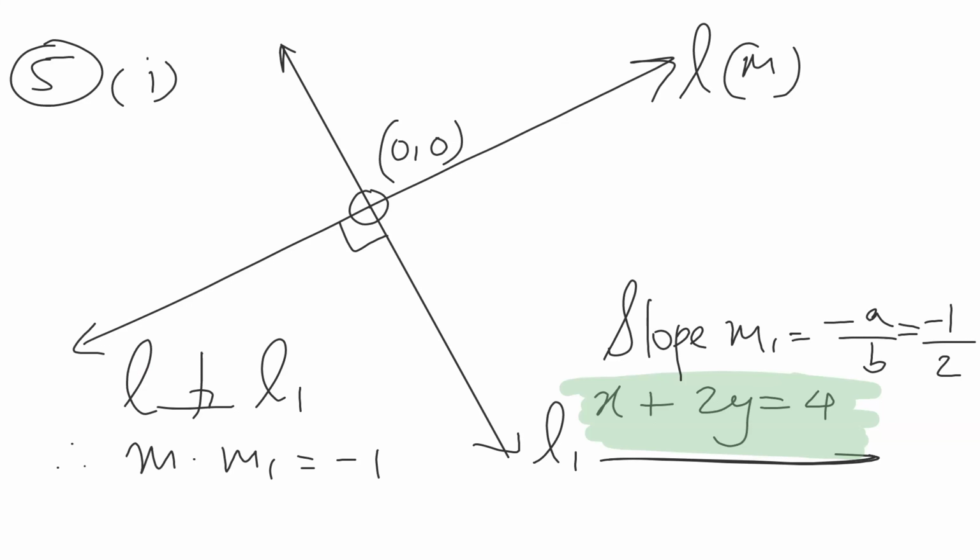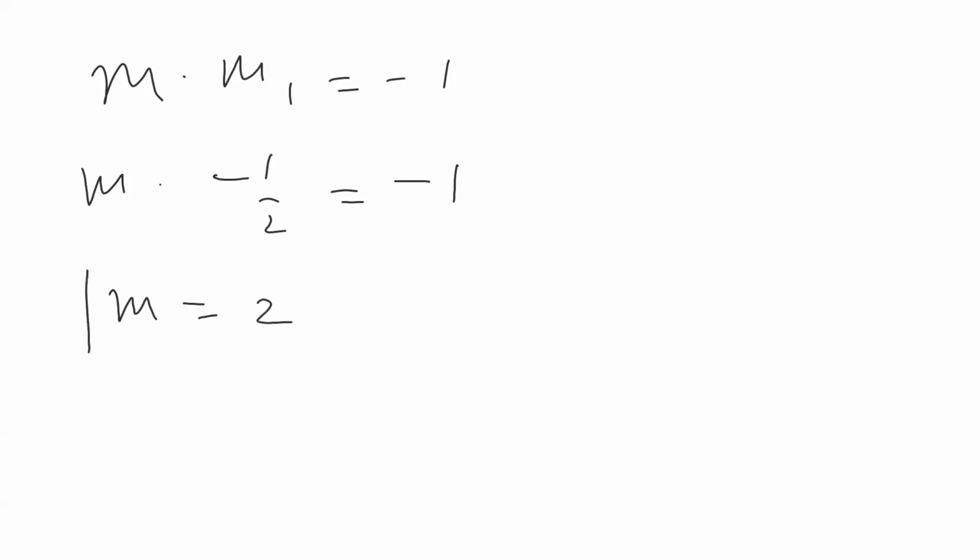In this particular example, we have the value of m1. So I'll take a new slide. m into m1 is equal to minus 1. The m1 value we already have, m1 is minus half. And this is minus 1 over here. So the value of m will be 2.